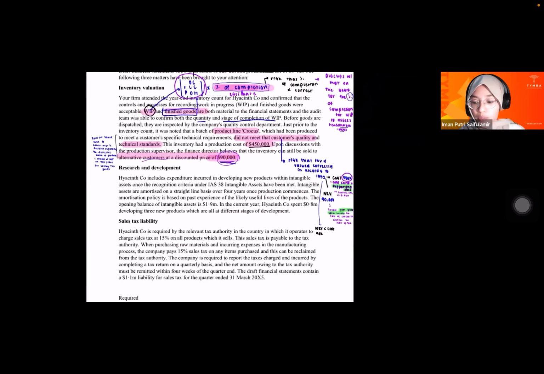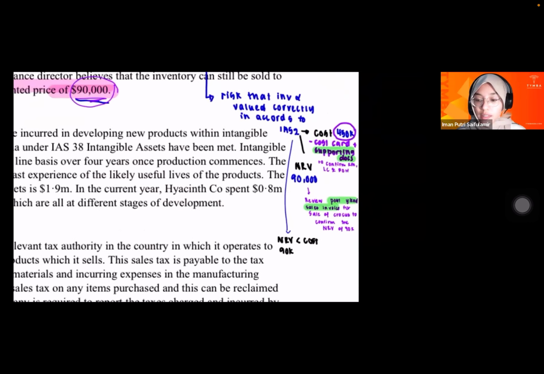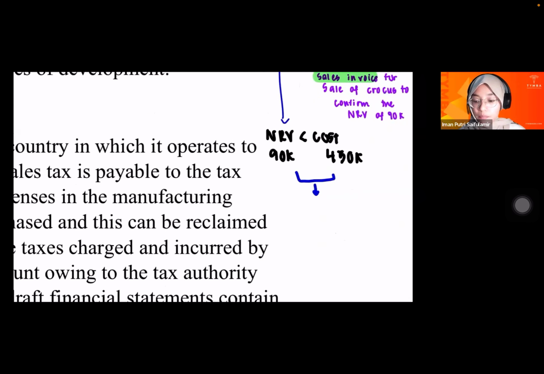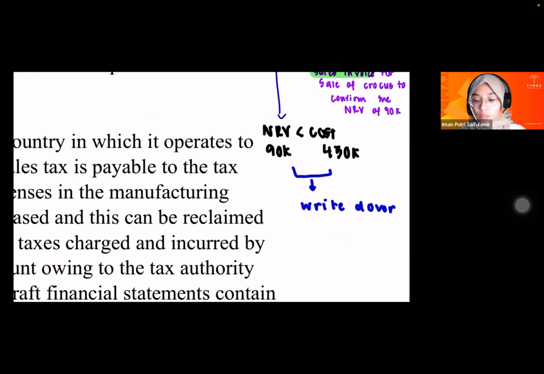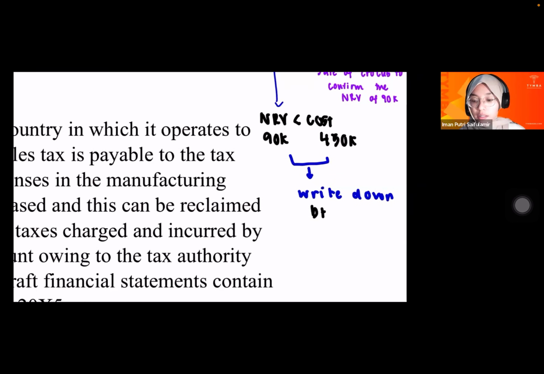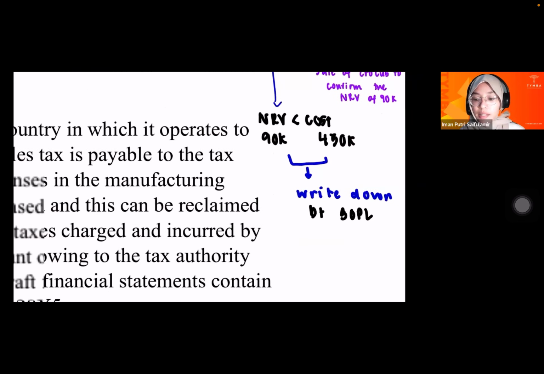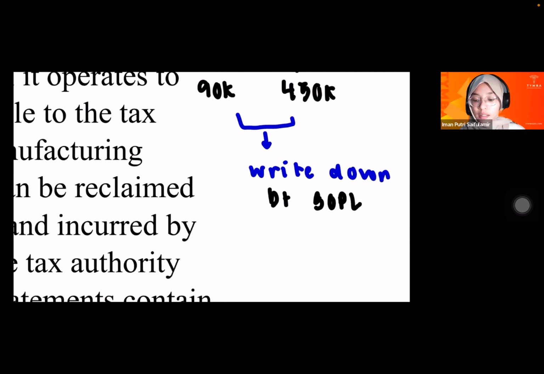So what will we be required to do right now? This will require a write down. What is the double entry? We will debit the SOPL for this write down and credit inventory.